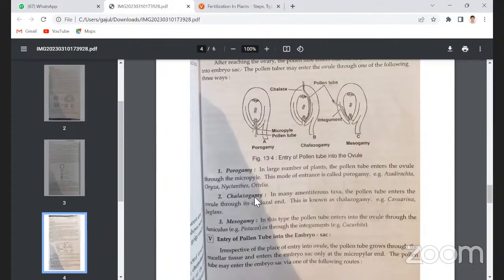This mode of entrance is called porogamy. Examples are Azadirachta, Oryza sativa, Nyctanthes, and Ottelia.